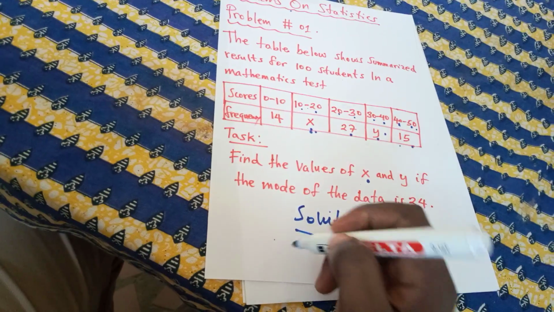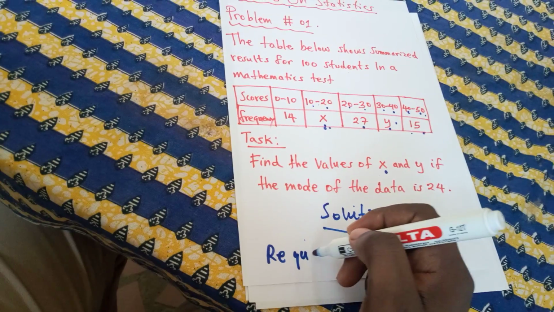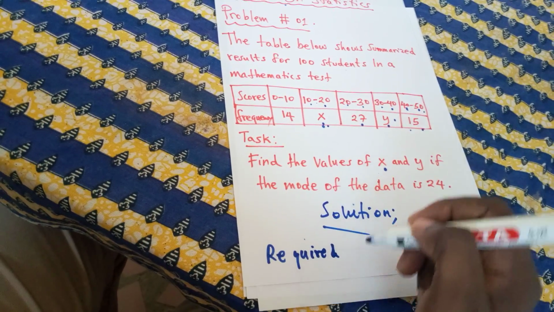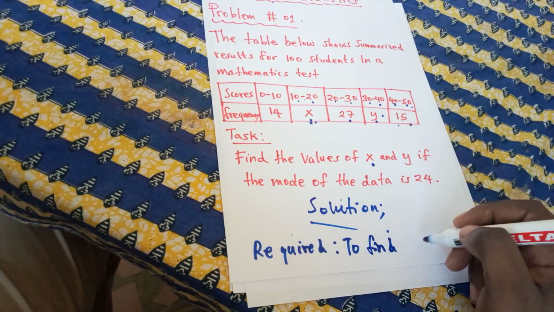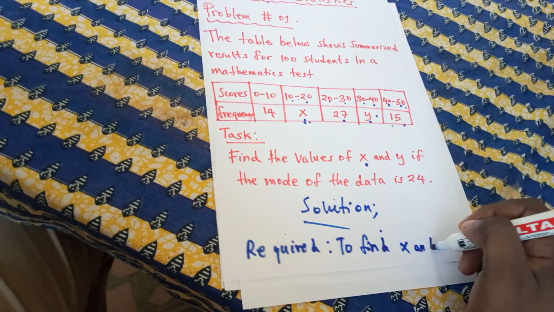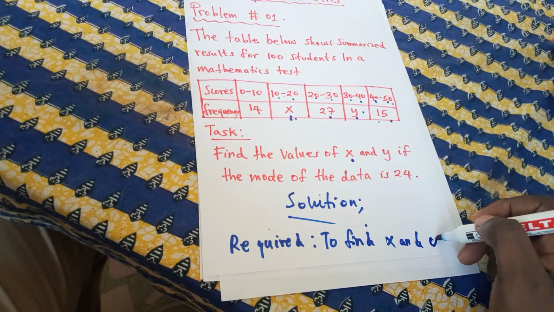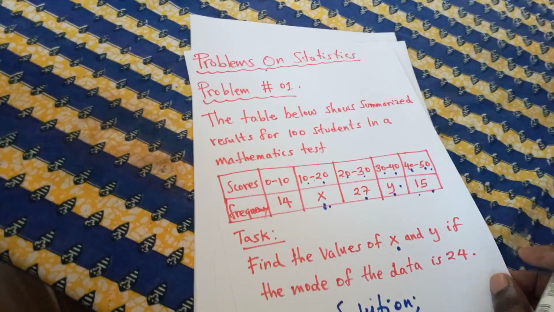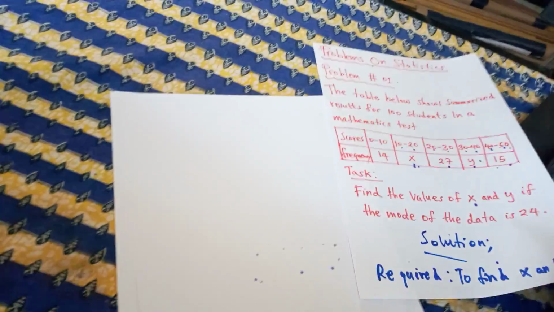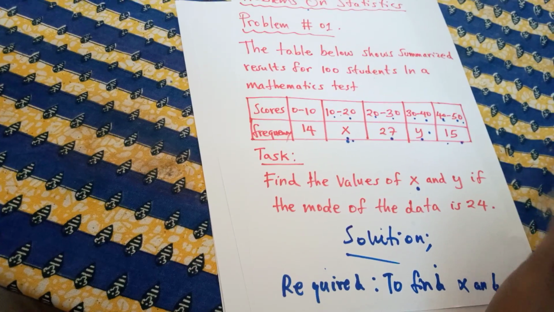Solution: you are required to find x and y. As we know, we have been given the total number of students. The number of students was 100.